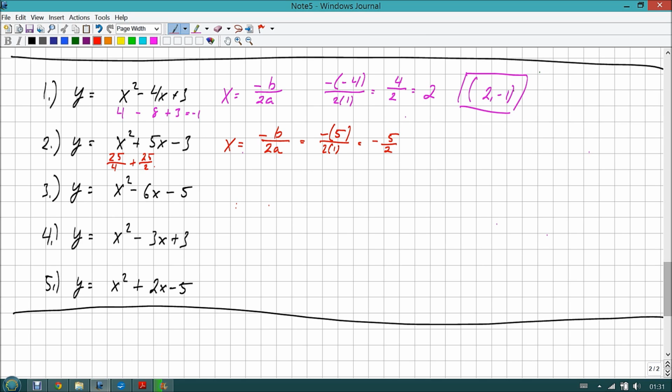Now I want to have them with common denominators. I'm guessing that 4 would be the best one, so I'm going to turn this into 50 over 4, which would make this 12 over 4, because 3 times 4 is 12. Okay, then we go 75 minus 12 would be 63. So this one would be at negative 5 over 2, comma, 63 over 4.